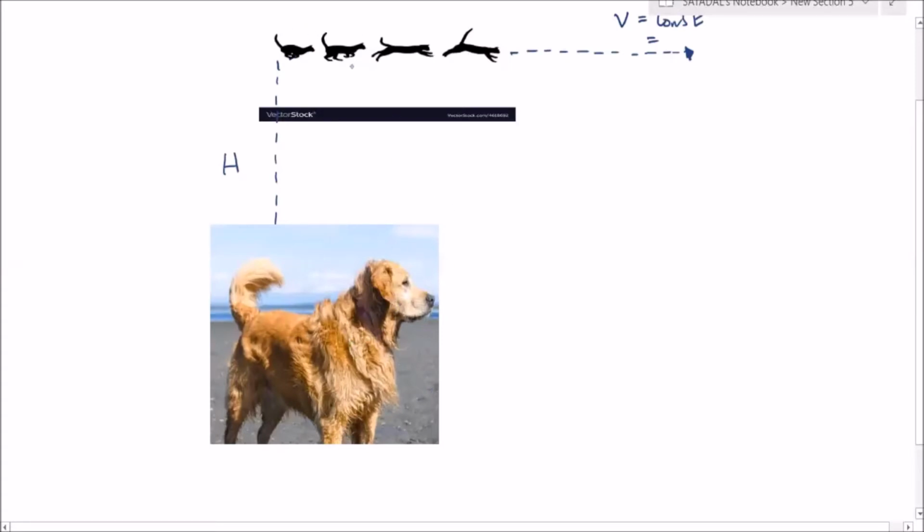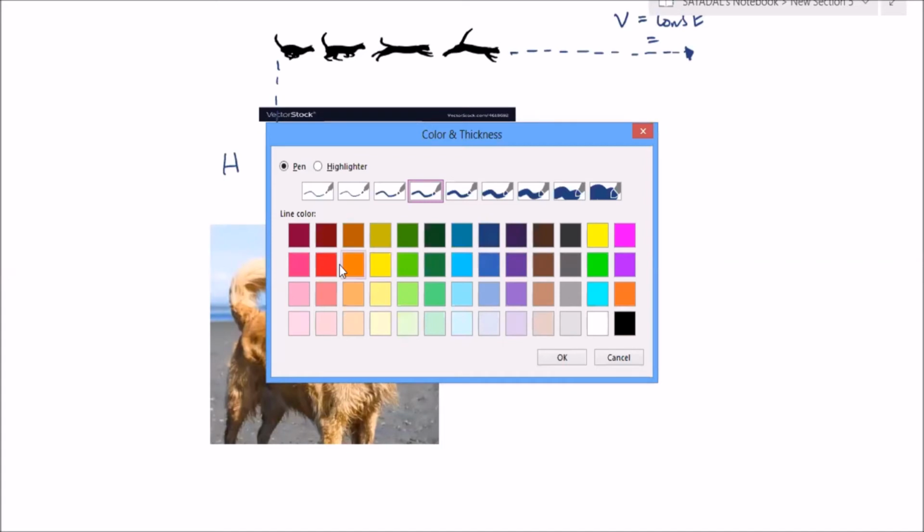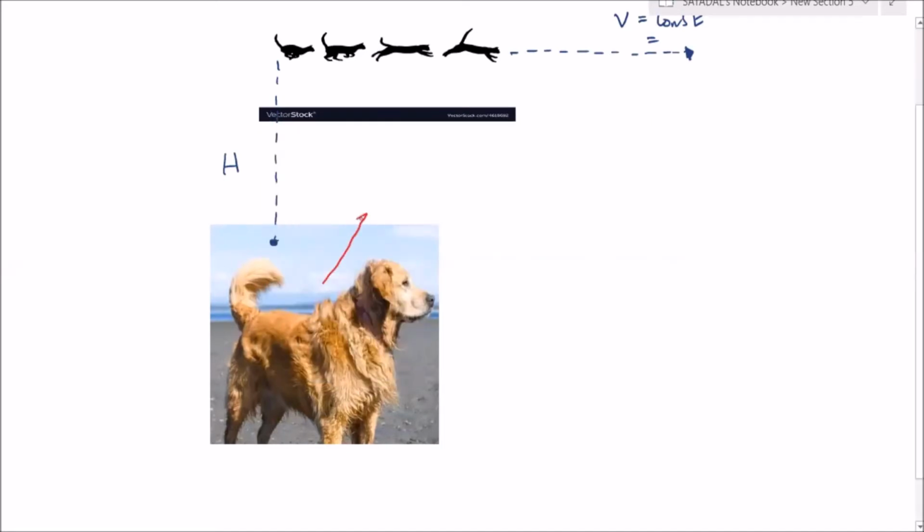The cat was first taking position, then he took this posture and started running. Seeing this, the dog decided that he is going to stop all the nonsense activities by the cat. So it started chasing the cat in this direction with speed u.